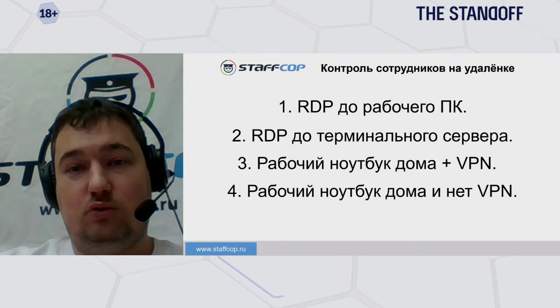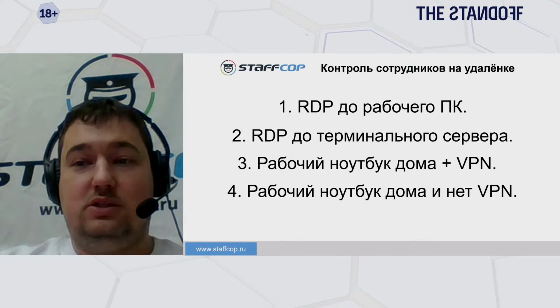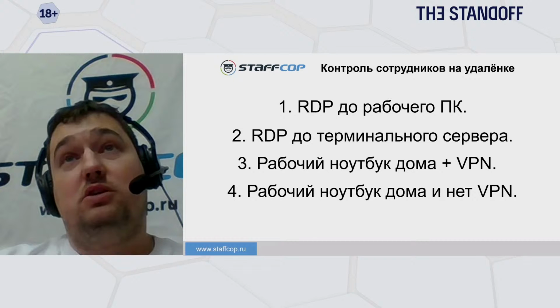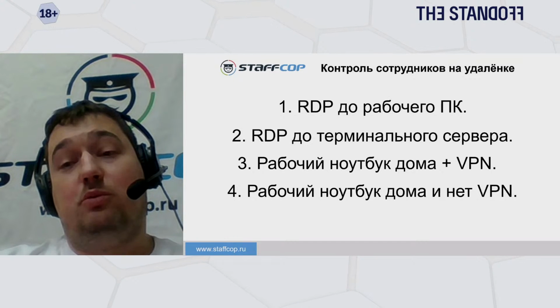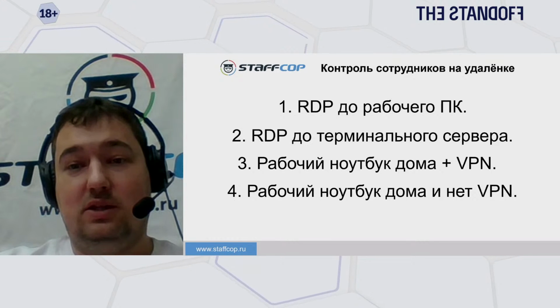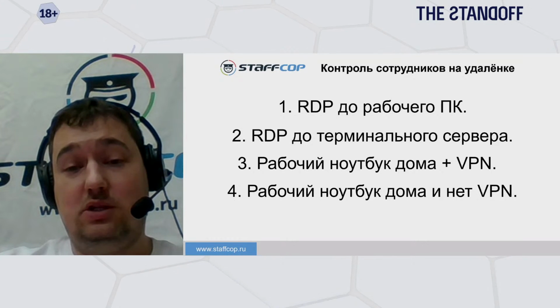Okay, so what happens if we send our employees to work from home? We just give them their notebooks and tell them to go home and work. The agent should be able to transfer data to the server. So what do we do? How do we make this? We use port forwarding. We have some whitelisted addresses.